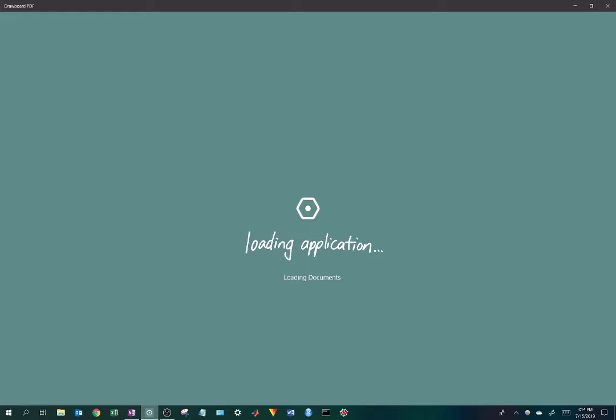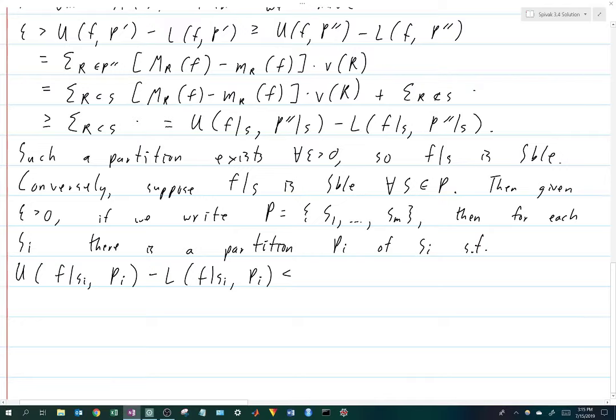But then we can make this less than any epsilon that we want. And that's possible because F is integrable. Here we're going to choose epsilon over M because that happens to be the value that we need.